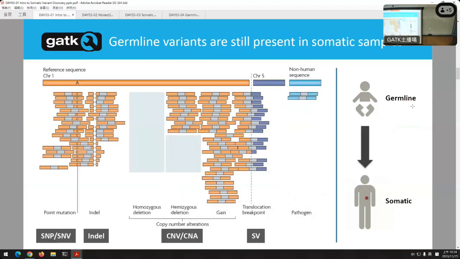Just like we showed you before, there's different classes of variants. There's SNPs or SNVs, they're the same thing. Single nucleotide polymorphism or single nucleotide variant. You have indels, you have SNVs, copy number variants, you have structural variants, SVs. Those all exist in the cancer side too.